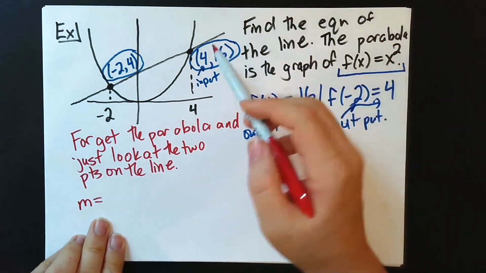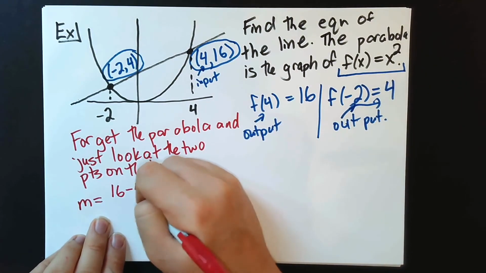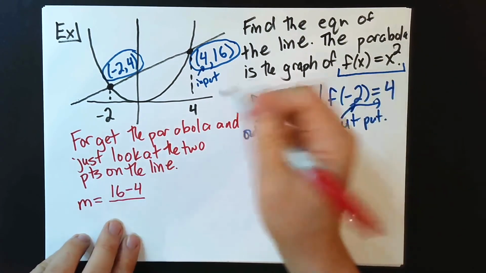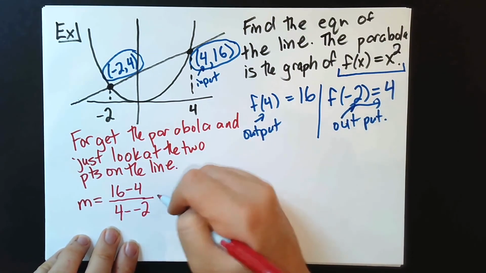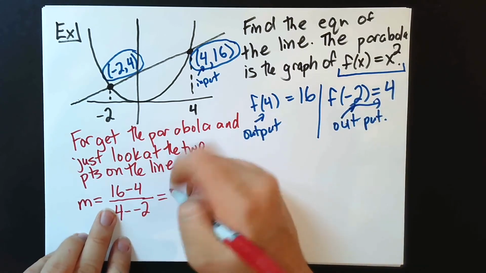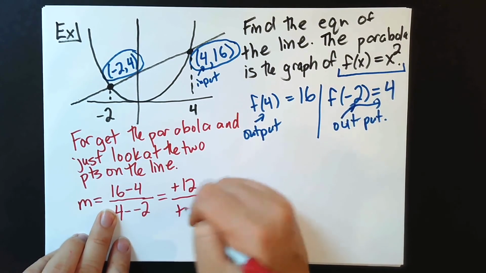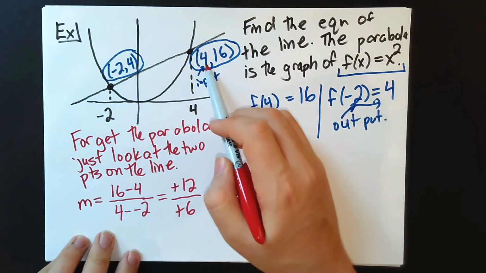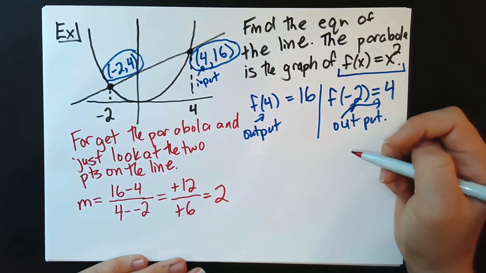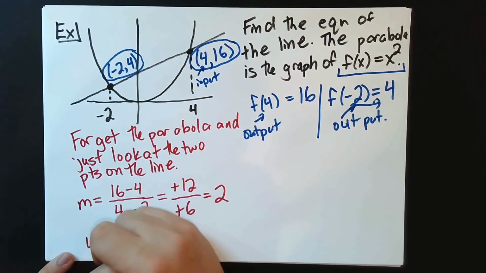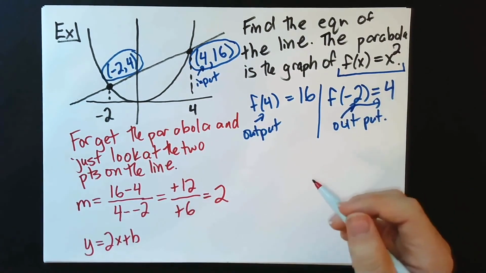The slope here of the line between these 2 points is going to be the change in the output divided by the change in the input. Okay, so that is going to be plus 12 going from 4 to 16, and plus 6 going from minus 2 to 4. Okay, and so my slope here is going to be 2, which means that my equation is going to look like y equals 2x plus b.